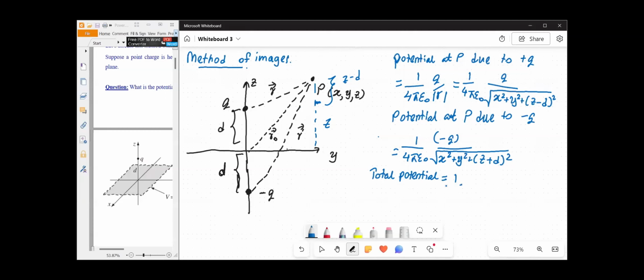So we have 1 over 4 pi epsilon naught, q over the square root of x squared plus y squared plus z minus d squared. Then here it is minus q over the square root of x squared plus y squared plus z plus d squared.